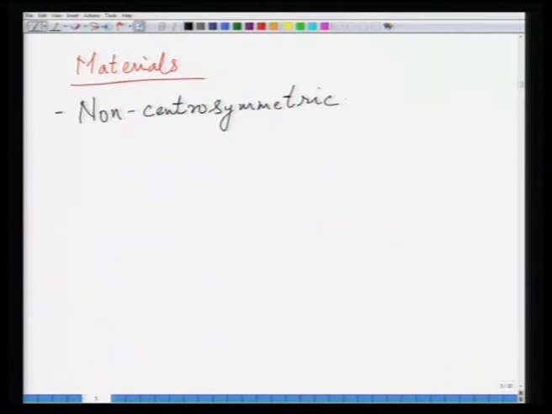Non-centrosymmetric materials are the materials which do not have a center of symmetry. So, any material which has a center of symmetry will not be piezoelectric. This is the most important requirement for a piezoelectric material. It has to be non-centrosymmetric. On top of that, anything else is a further additional constraint, but it has to be non-centrosymmetric in order to exhibit any kind of piezoelectric effect.